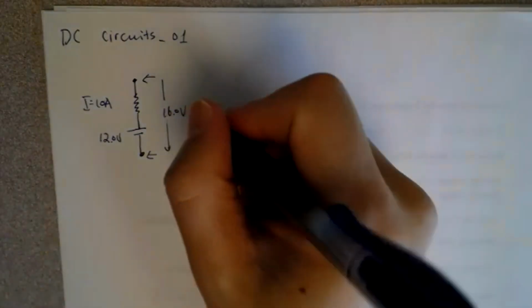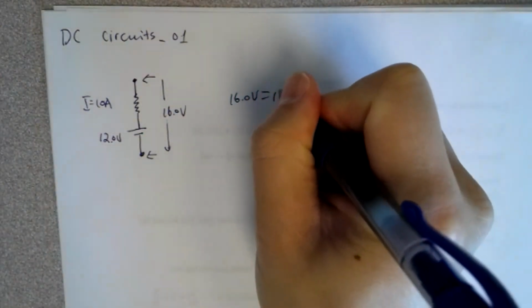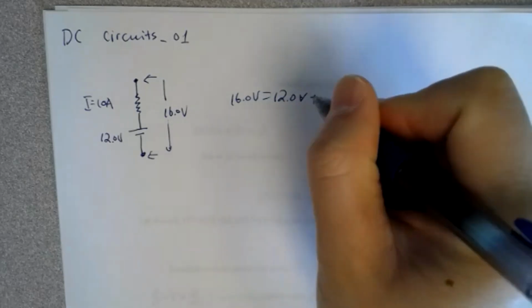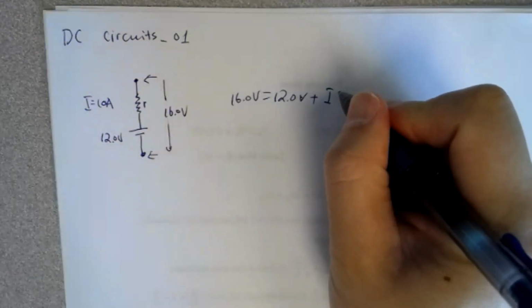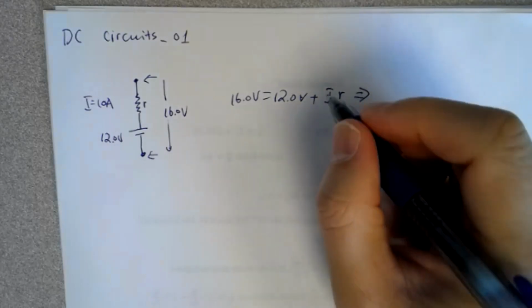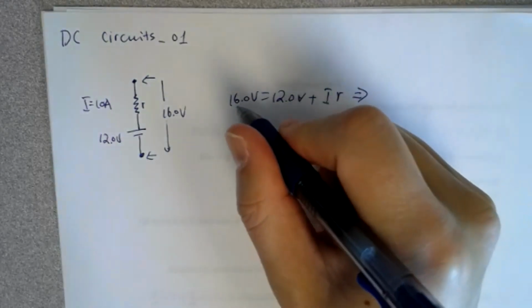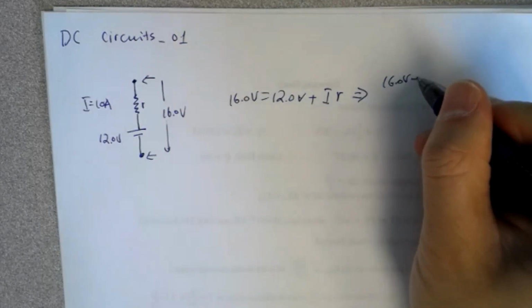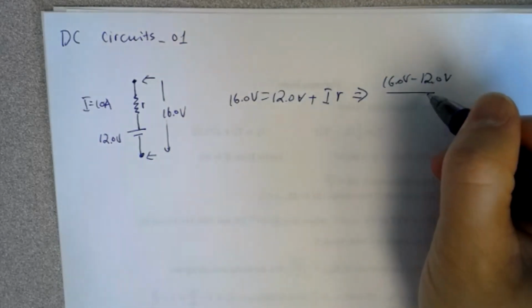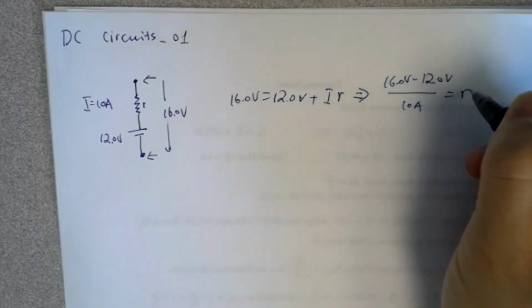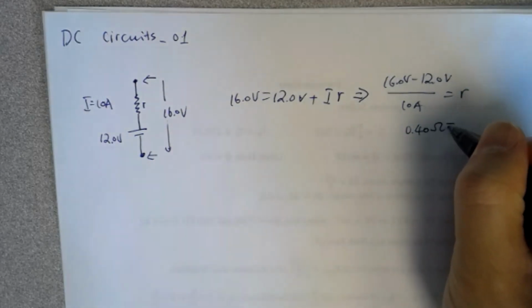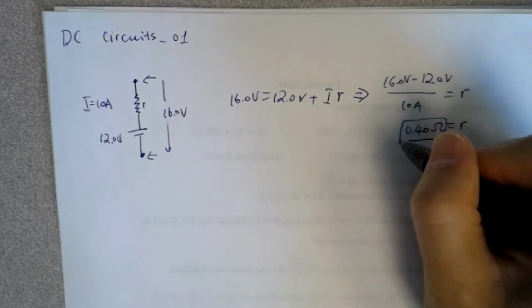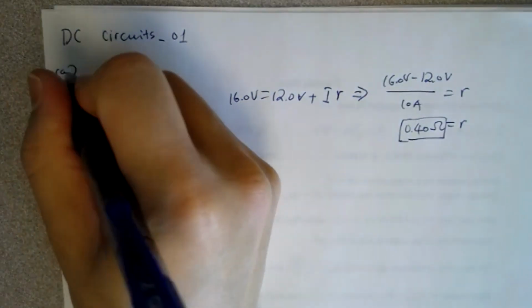So the 16 volts should be equal to the 12 volts plus the current times the internal resistance, I times R. Then you can calculate R: 16 minus 12 divided by the current of 10 amps. That will be your R. This gives you 0.4 ohms as your internal resistance, for your part A.